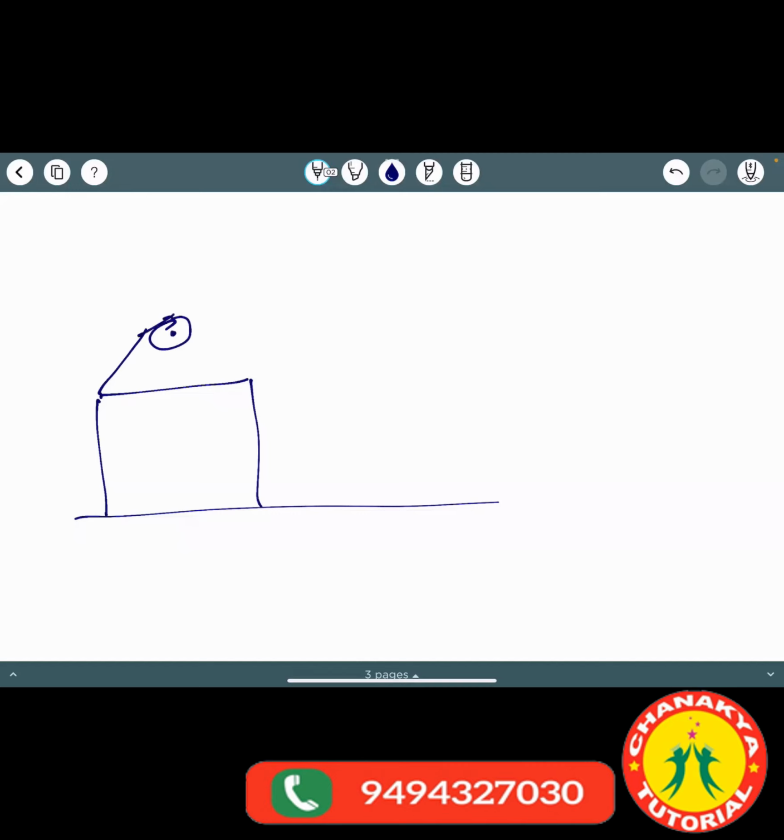There's a pulley, and then the string is going like this, and there is one more pulley here, and then it is coming like this, and there is one more pulley here, and then it is finally connected to the block again, and this pulley is also fixed. We have also fixed these pulleys to a ceiling.